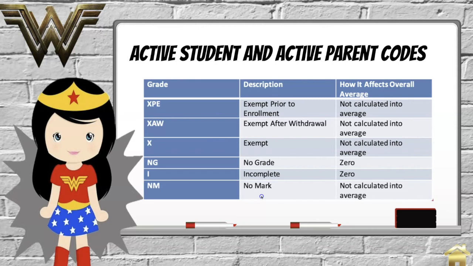I suggest at that point you make sure that you turn those items in. NM means no mark, and it is not calculated into your average. Usually this means that the teacher just hasn't put that grade in at the time.